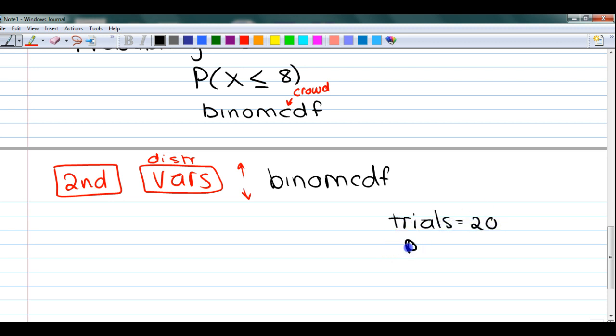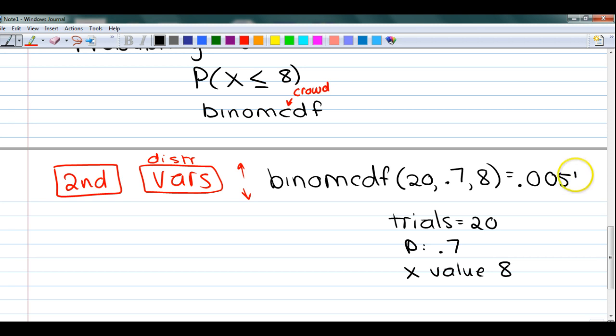Our probability is 0.7. Our X value is the 8. And it knows, since we asked for CDF, that we're interested in less than or equal to. And so our calculator will show binomial CDF 20, 0.7, 8, close the parenthesis, and this gets us 0.0051 if I round to the 4th decimal place.